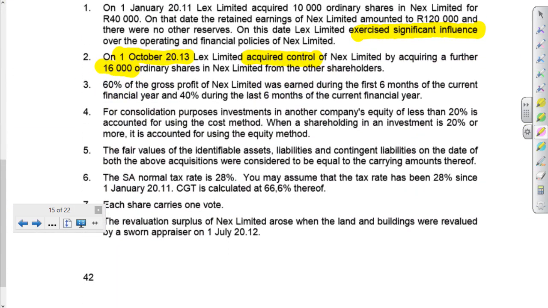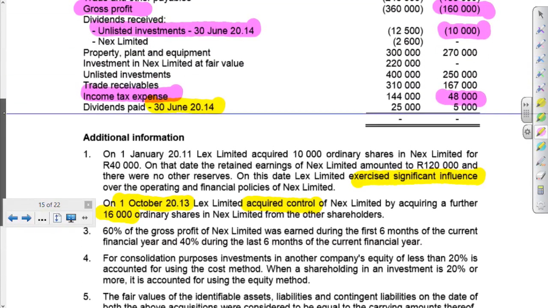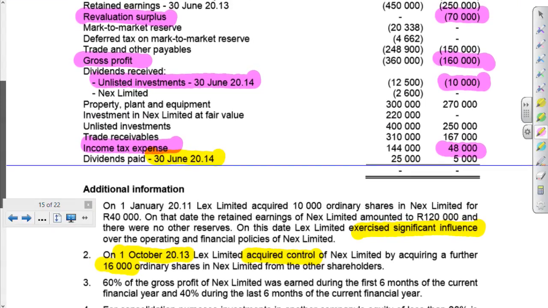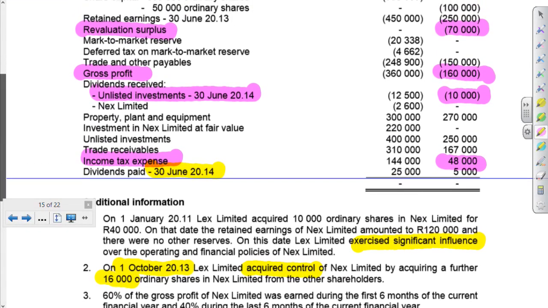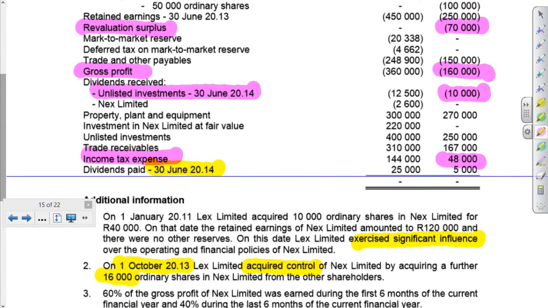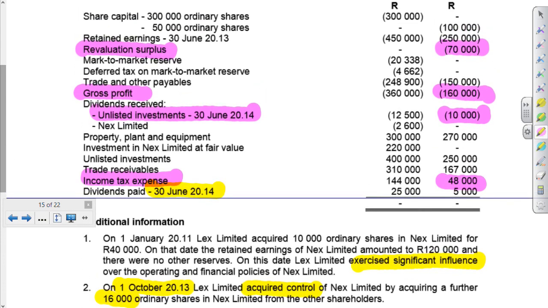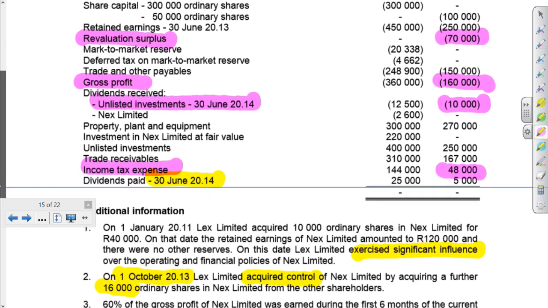Oh, here. The reval arose 1 July 12. Before. Okay. I'm going to leave it like that, and I'm going to go make copies for you of the question. Type letter 102, it was question 17.